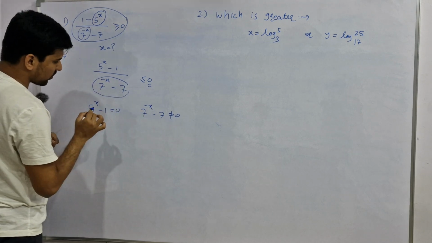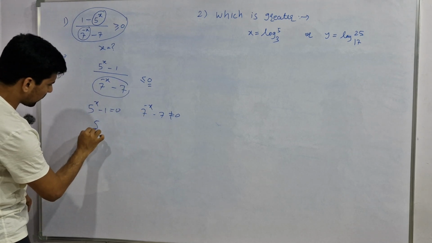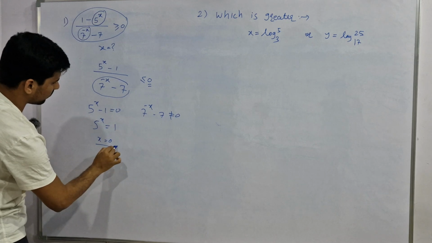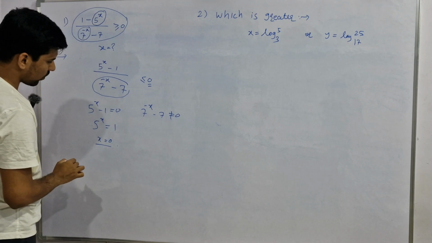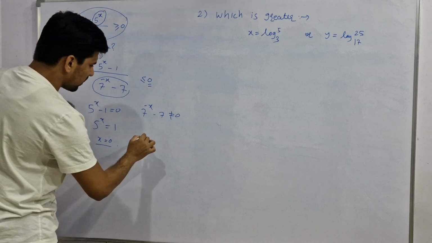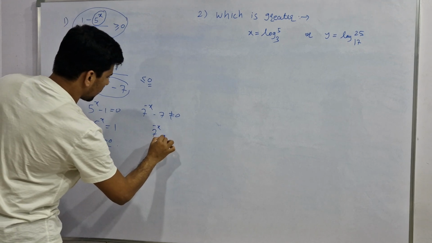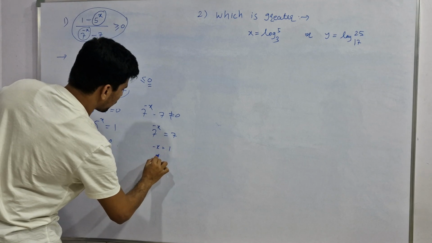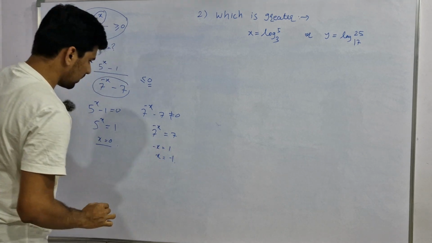So this cannot become 0. The denominator is 0 when 7 to the power minus x is equal to 7, so minus x is equal to 1, x is equal to minus 1.